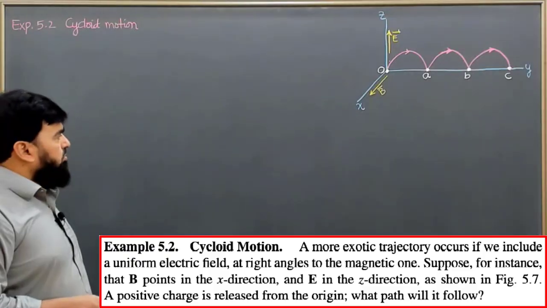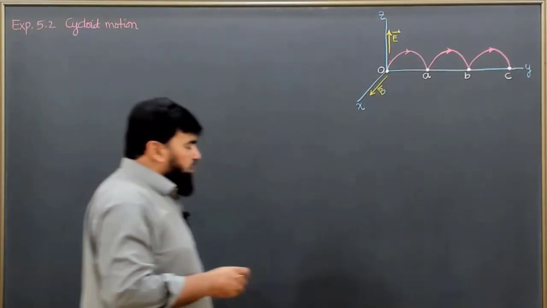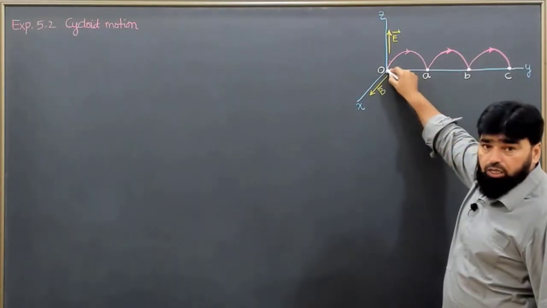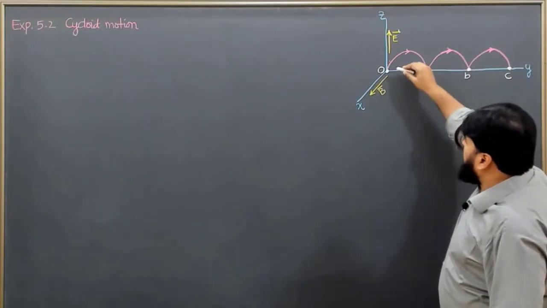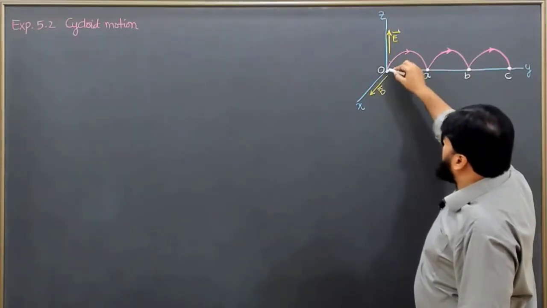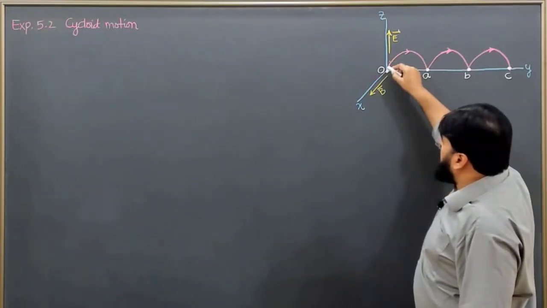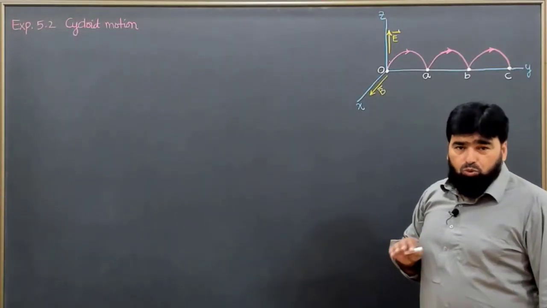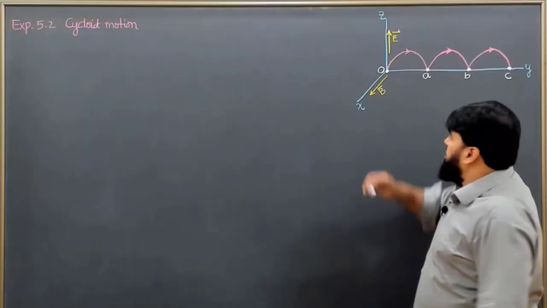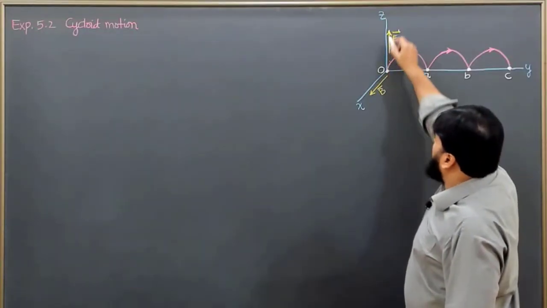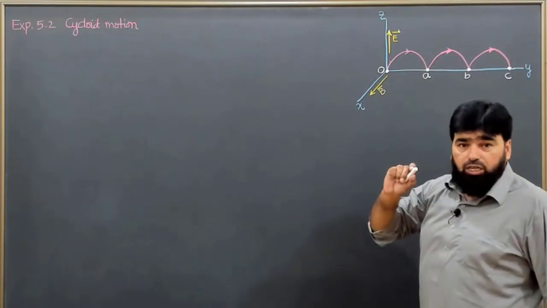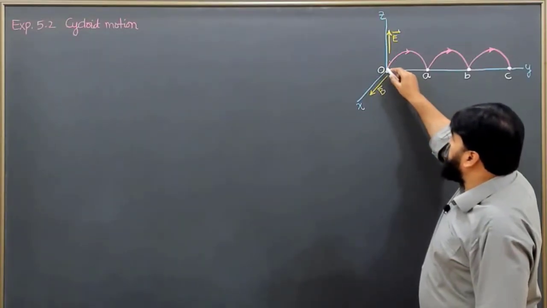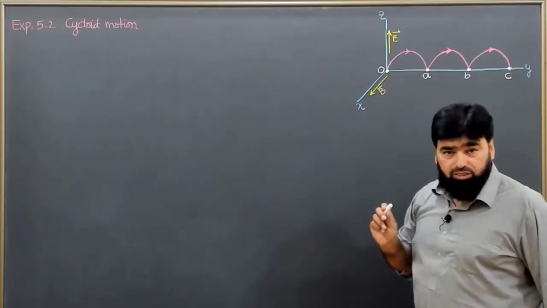So look here first at the situation. We have a charged particle at the origin, where E is along the z-axis and B is along the x-axis. One thing is sure: the electric field will apply a force in the z direction, and the magnetic field will apply a force perpendicular to the x direction.